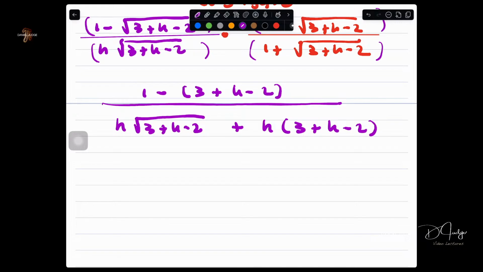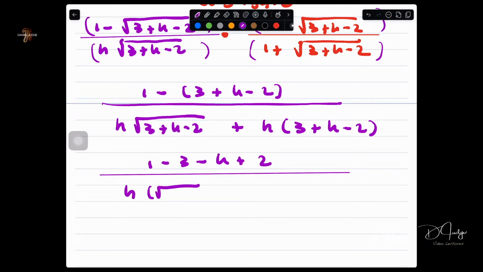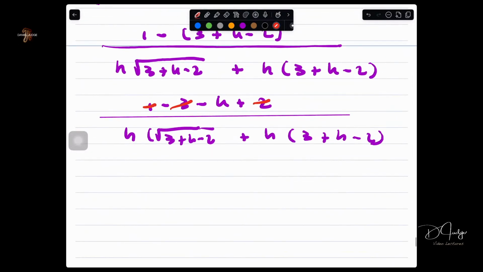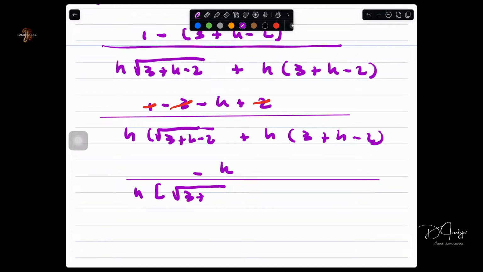Okay, now let's do some more algebra. And it looks like our constants are going to go away. 1 plus 2 is 3, and minus 3 is gone. You got minus h over. I'm going to factor out this h, and you get the square root of 3 plus h minus 2 plus 3 plus h minus 2.